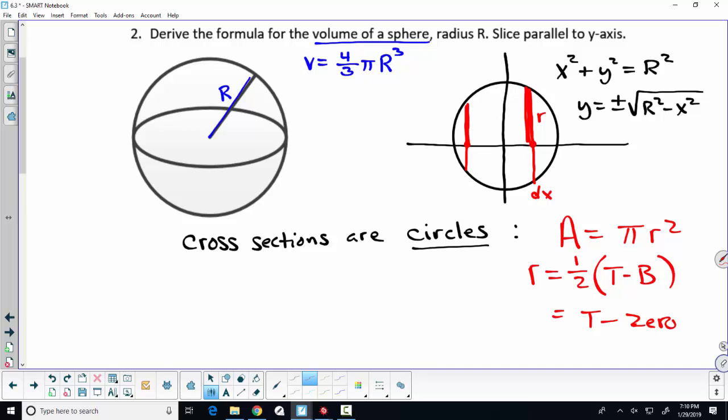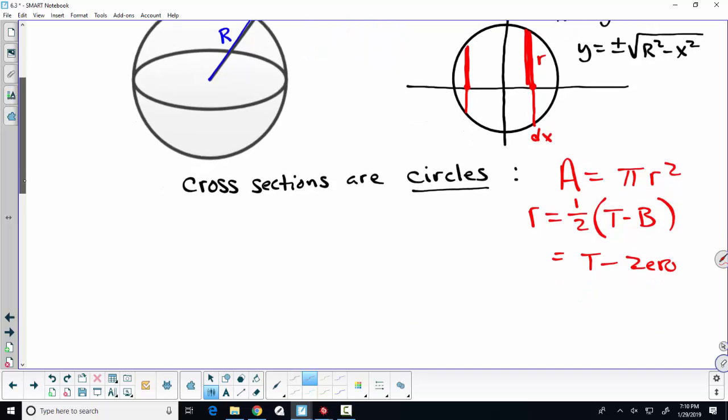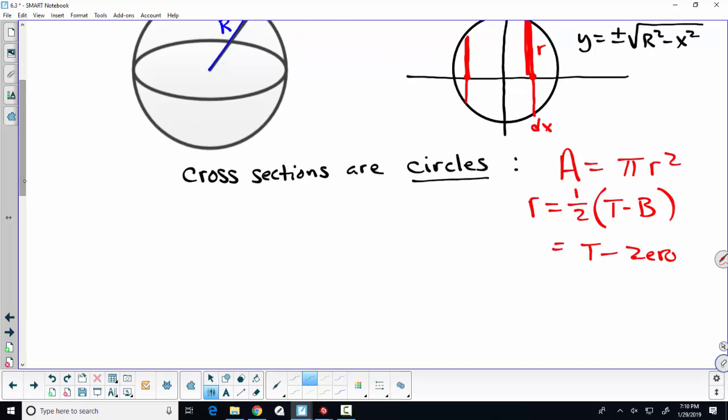How do we describe the top part? So right over here again, area is pi times r, I'll just write that for a minute, minus 0 squared, right? Pi r squared. Because the top portion of our circle is the square root of capital R squared minus x squared.